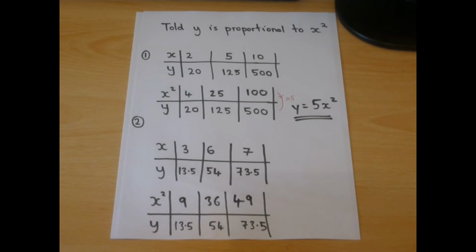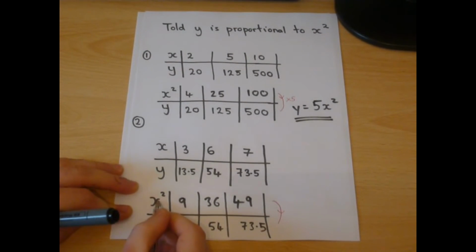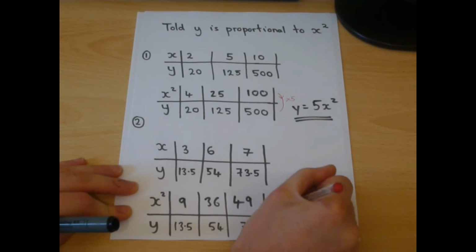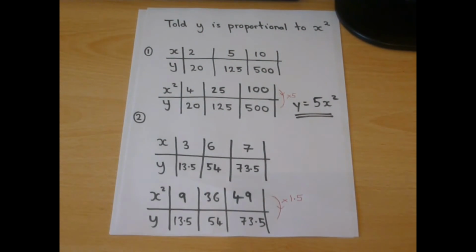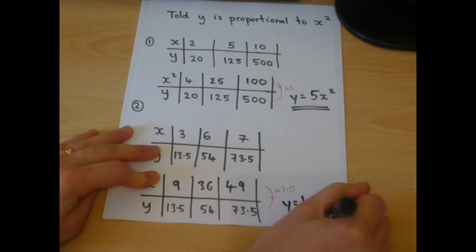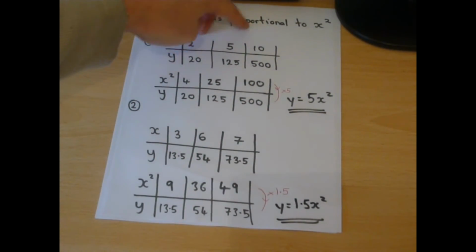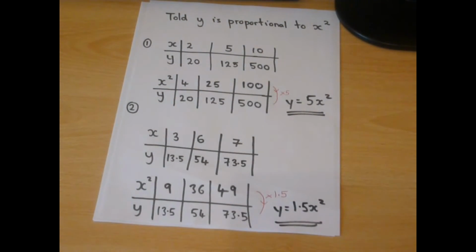If you do 73.5 divided by 49, you get 1.5. So the pattern is times the x squared values by 1.5. So we can finish off by saying that y equals 1.5 times by x squared and not x, because y was proportional to x squared.